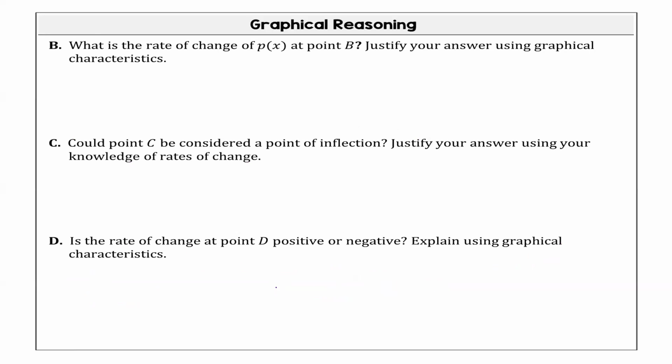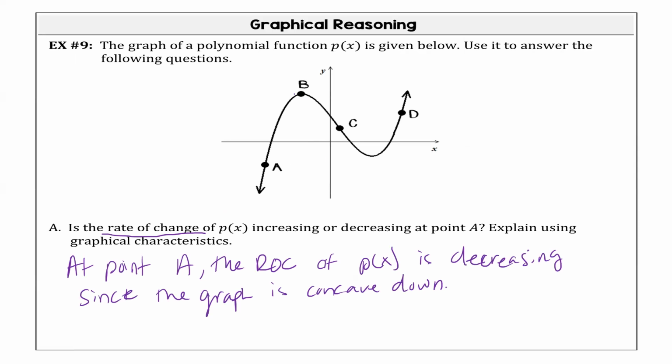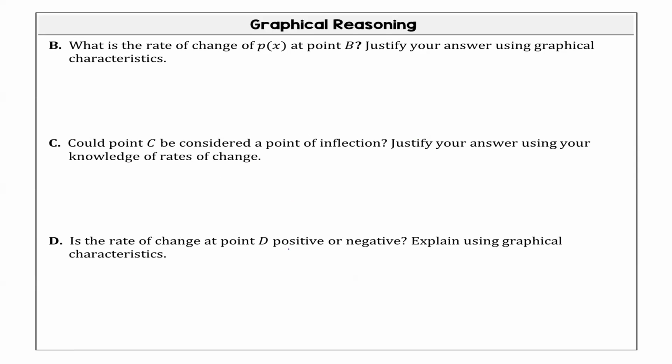So it says B. What is the rate of change at point B? Why nothing, Hudson? It's at a turning point. It's at a maximum. So when we look at B, B is at a turning point. So this is a constant, right? That's where we're at 0. Our rate of change is nothing. It's 0.